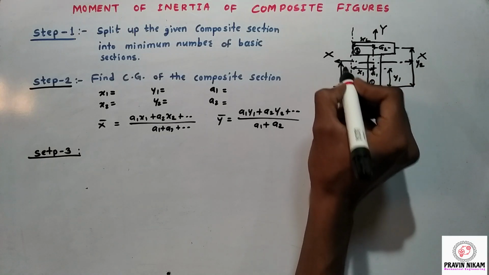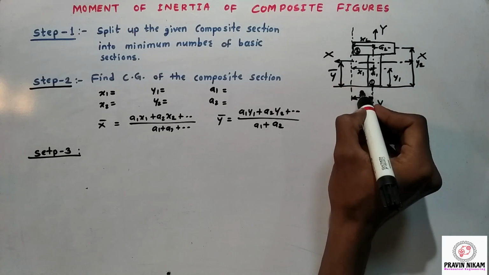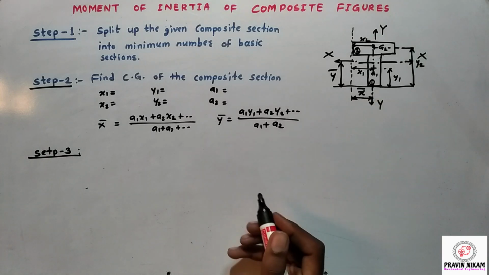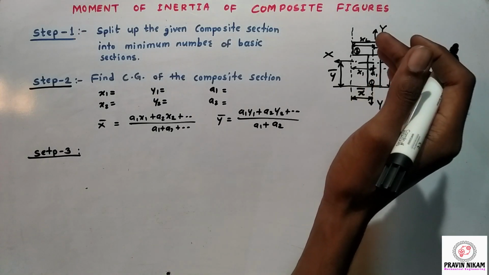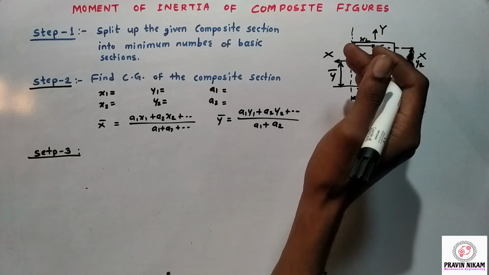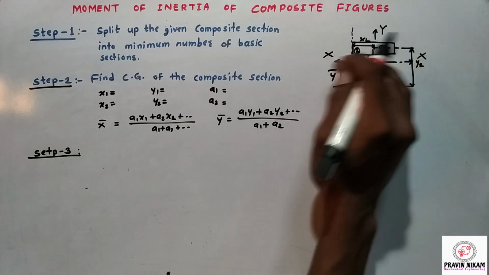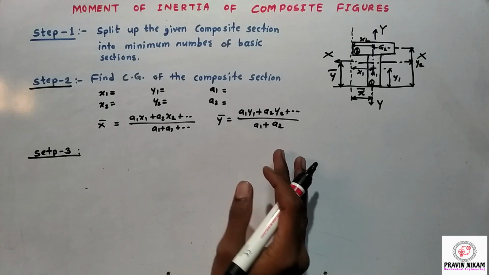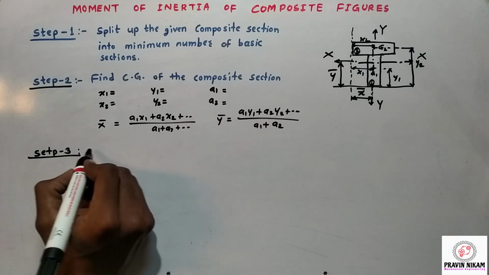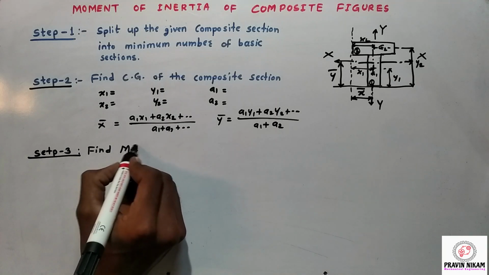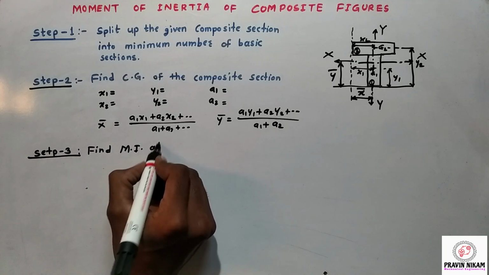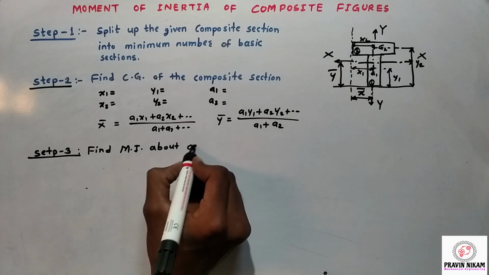This is y bar, and this is x bar. Now how to find the moment of inertia about the centroidal x axis? Let us see how to find the moment of inertia about the centroidal axis.